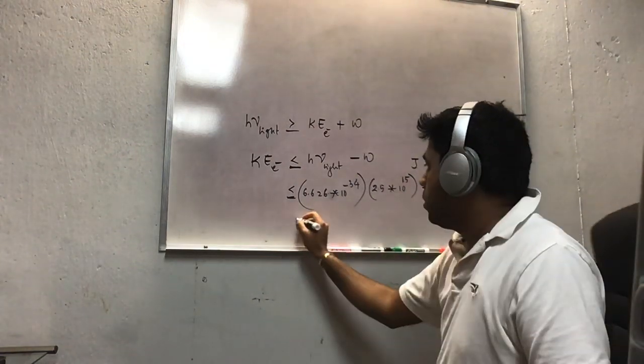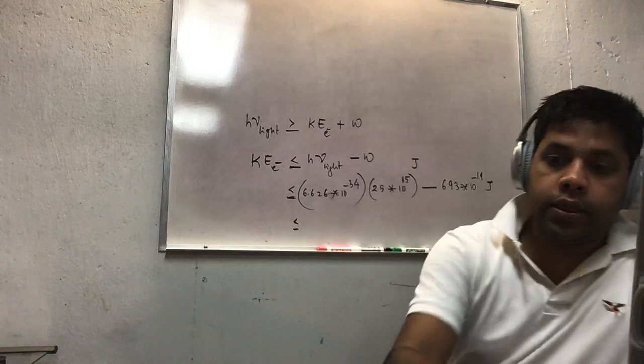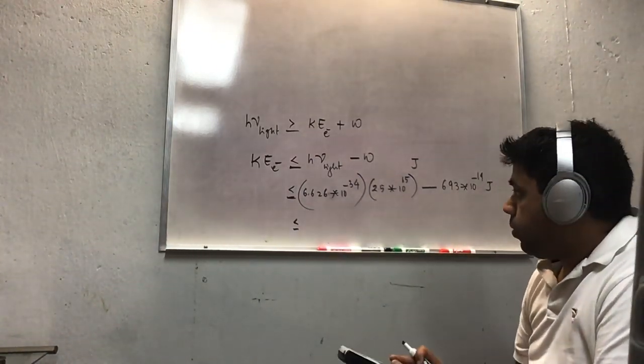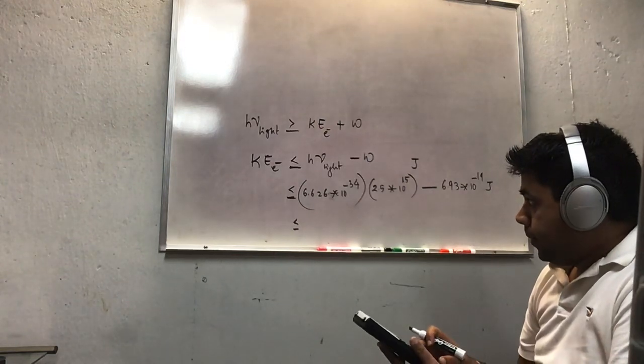So this should be in joules. The kinetic energy will be less than or equal to that, because it cannot be more than that, it has to be the maximum.